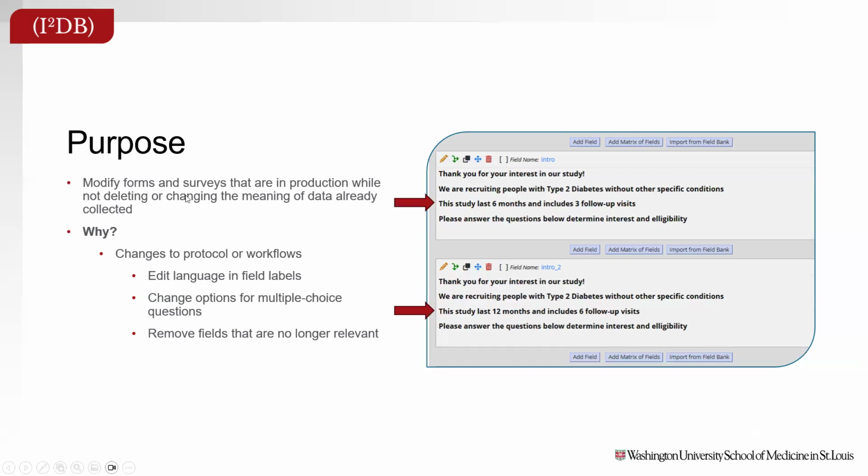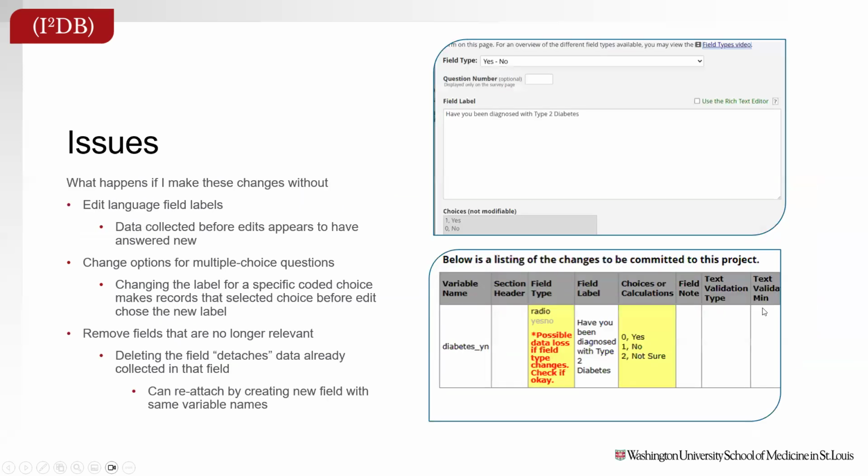So up here I've got my purpose for this. I think the two most important points are how to do this without deleting or changing the meaning of data already collected. Some of the issues that happen: if we edit language in fields, data that were collected before the edits appear to have answered the new language.